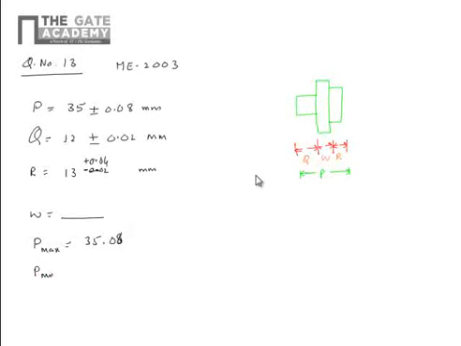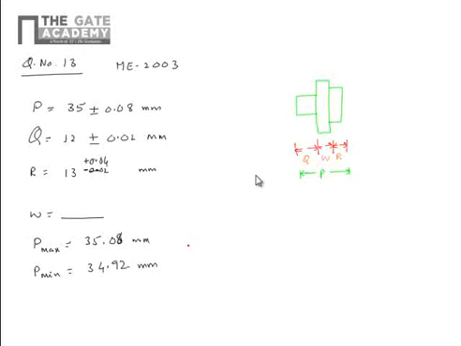P minimum equal to 34.92. So if you subtract the minimum values of Q and R from P max, you will get the maximum value of W, right?